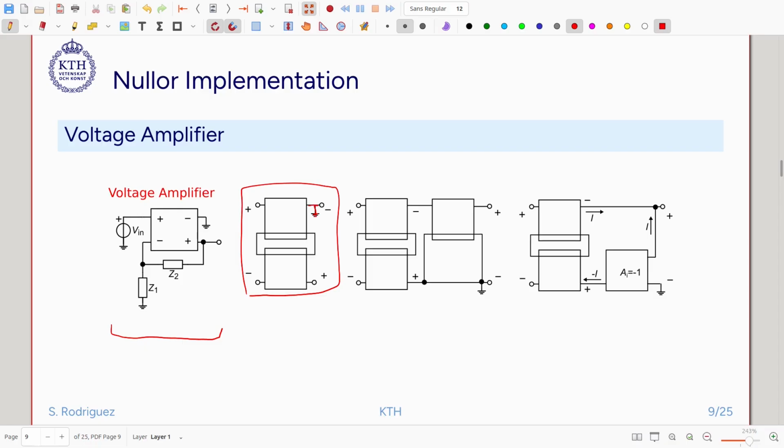So this is one alternative, and as we mentioned before, we use the differential pair as if it were a single stage block, even though it has two transistors. So this is our model as a single stage block.